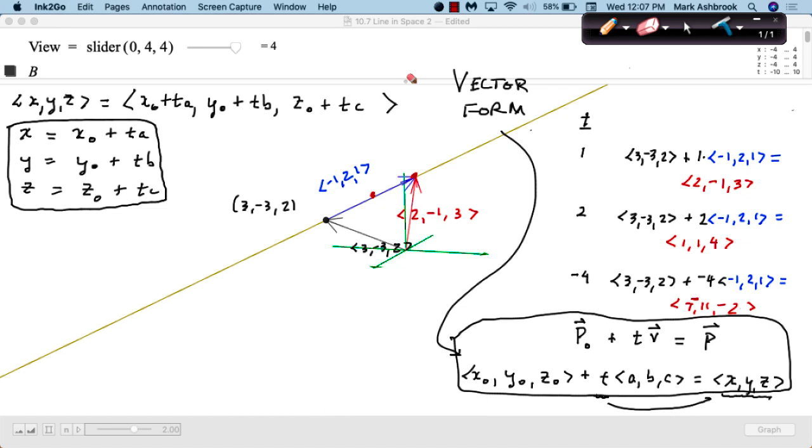Vector form is every point as a position vector equals the fixed point plus t times the direction vector. That's the vector form. So now we've gotten rid of all the vectors and we're writing it as three separate equations. And that should look familiar from Calc 2. What kind of set of equations is that?